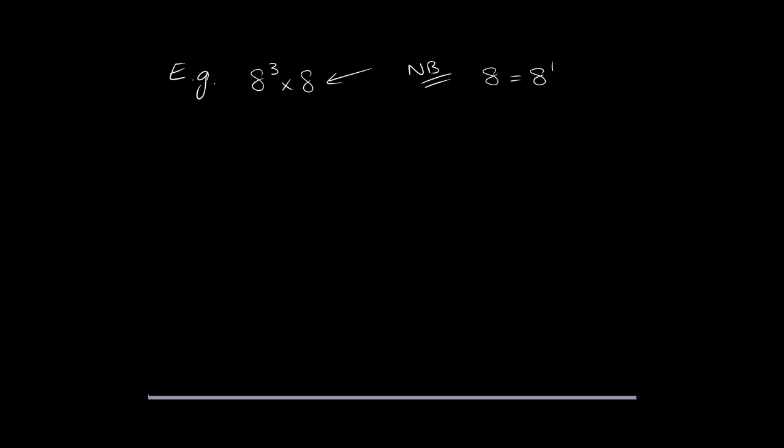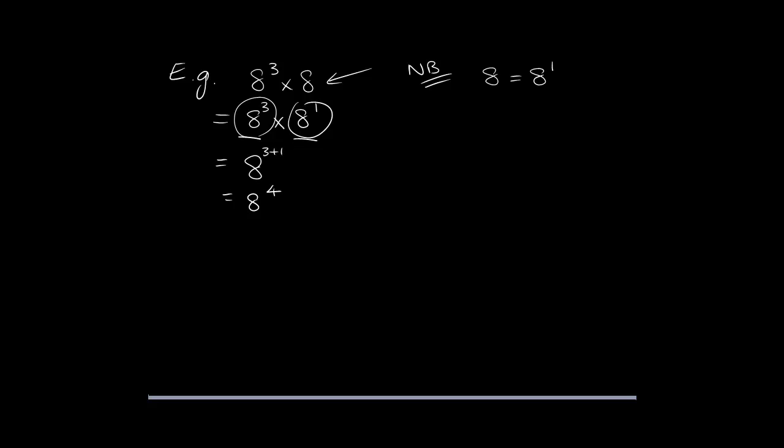So here, this is the same as 8 cubed times 8 to the power of 1. So I'm trying to multiply the powers where the bases are the same. So that means I keep the base there and I add the powers, 3 plus 1, so it becomes 8 to the power of 4.